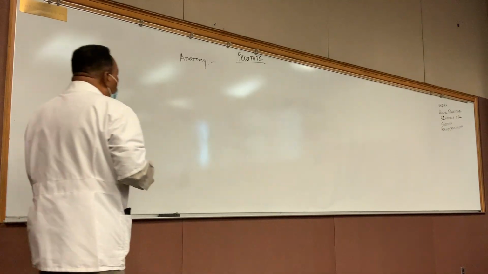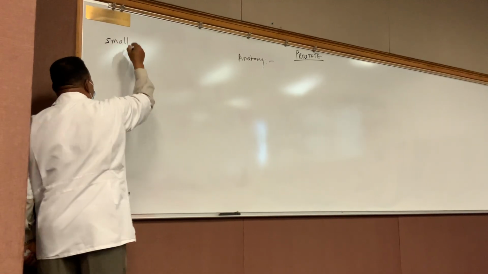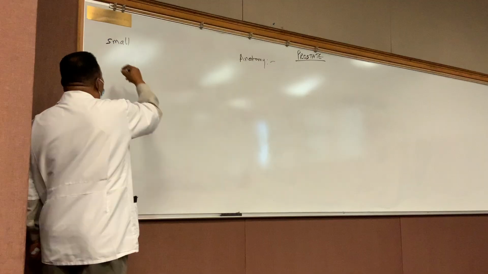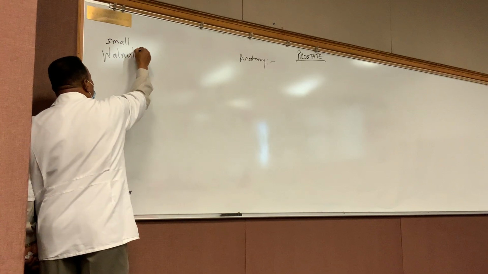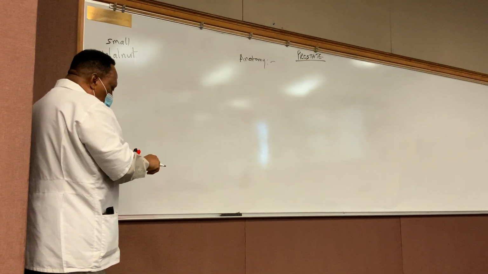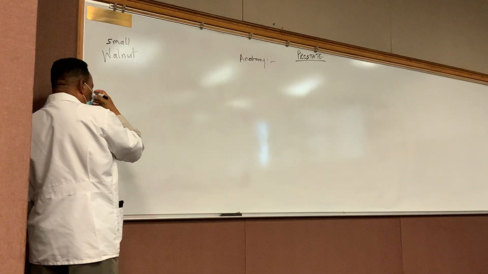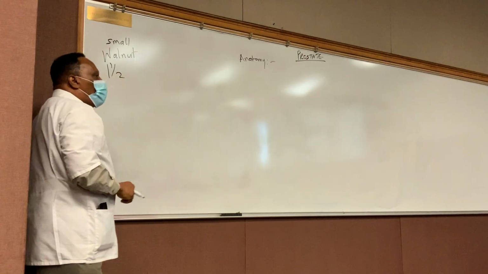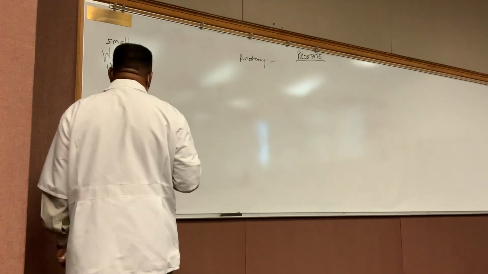We know that it is relatively small in size. It's about the size of a walnut. Very small. And we know that it covers about the first 1.5 inches of the urethra.